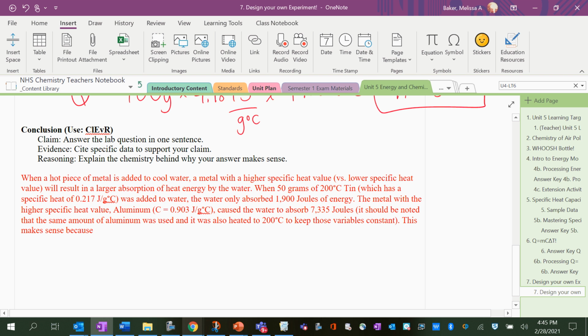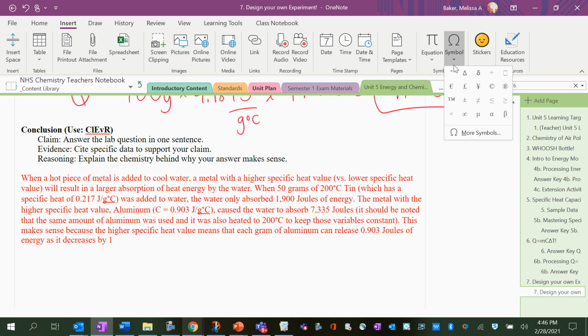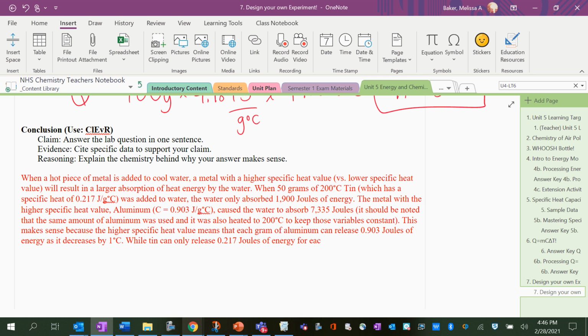This makes sense because the higher specific heat value means that each gram of aluminum can release 0.903 joules of energy as it decreases by 1 degree Celsius, while tin can only release 0.217 joules of energy for each gram of it as it decreases by 1 degree Celsius.